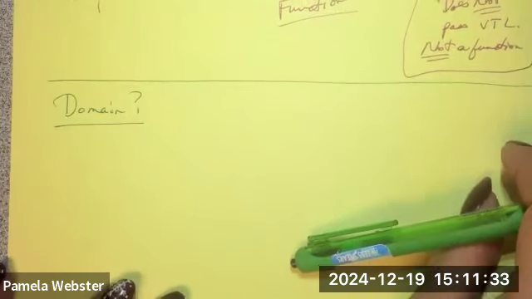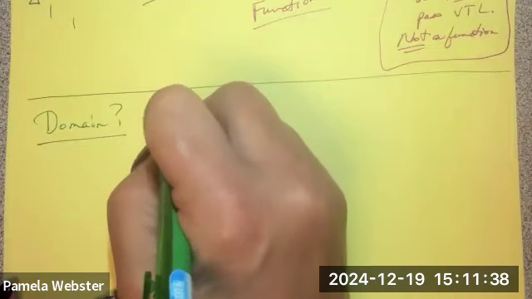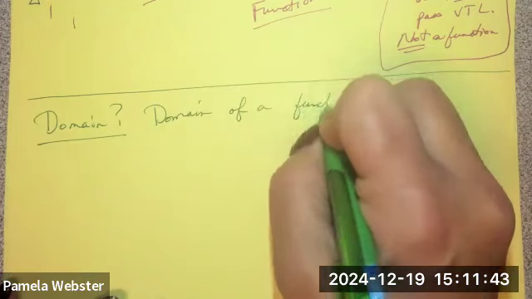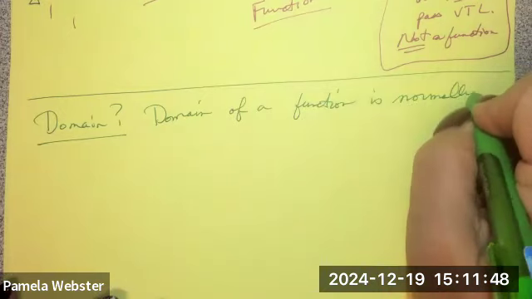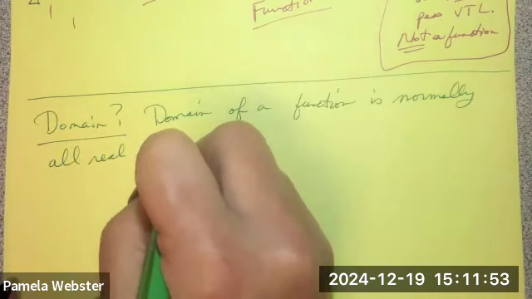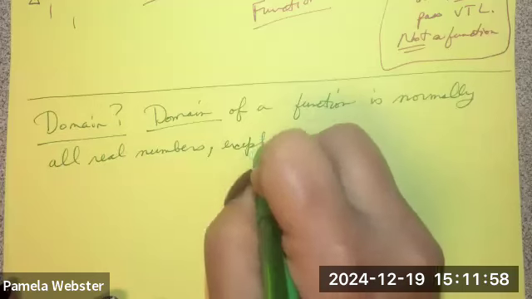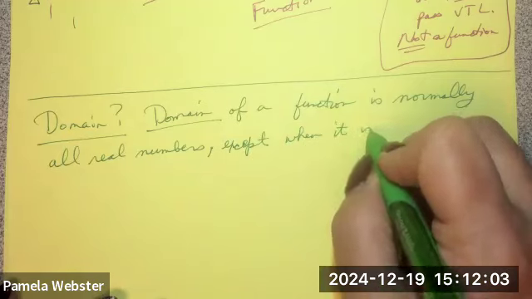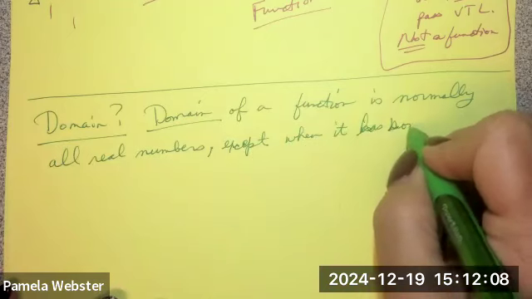So the domain of a function is normally all real numbers, except when it has something weird happening.